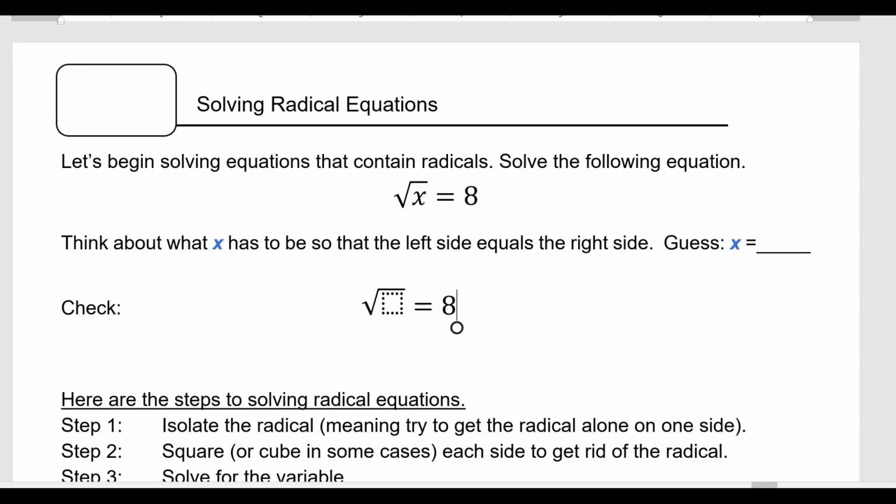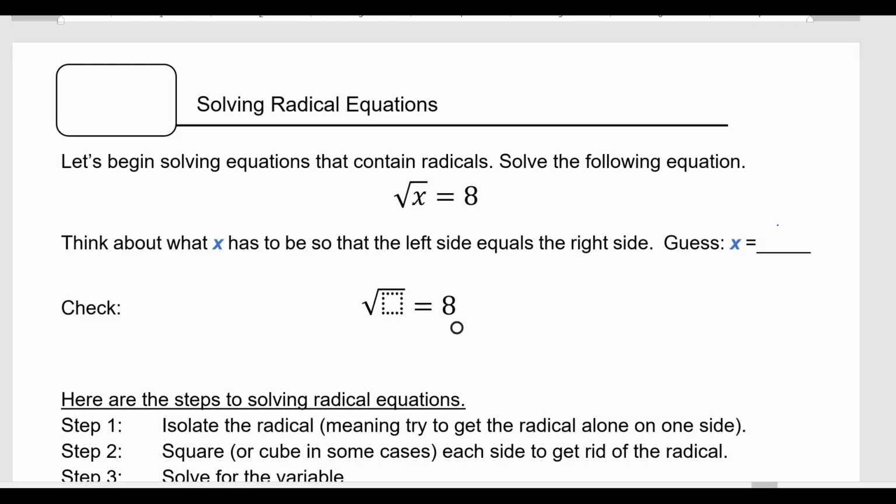Of course x represents an unknown number, but in this case we can probably figure it out because we're saying the square root of something equals 8. The square root of what number equals 8? So take a guess at what you think x equals.